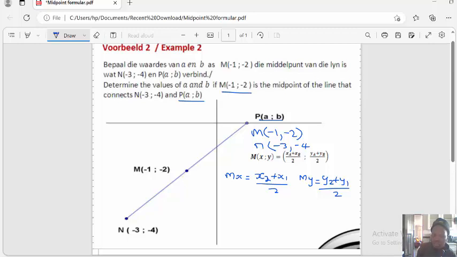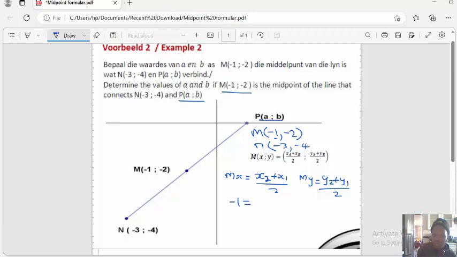So to be able to do this, you need to realize that mx is this one here. So this is mx. So I'll just put in my -1 here is equals to my x2.